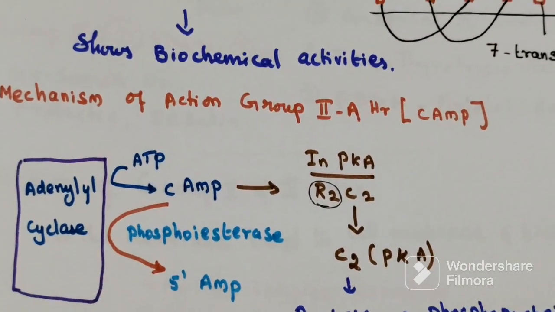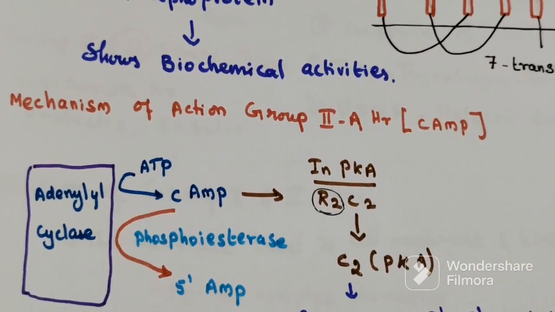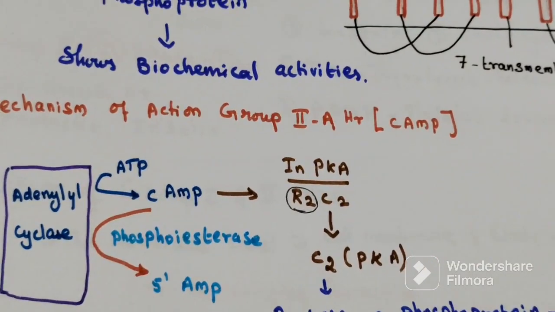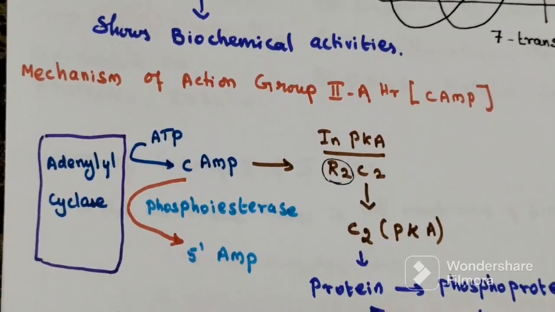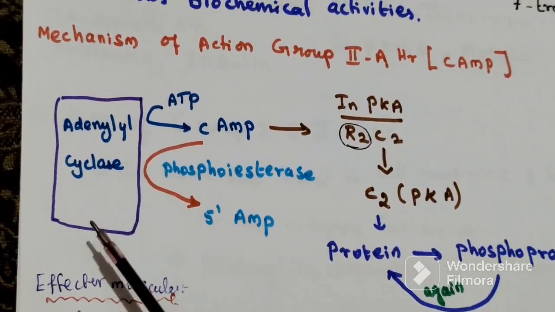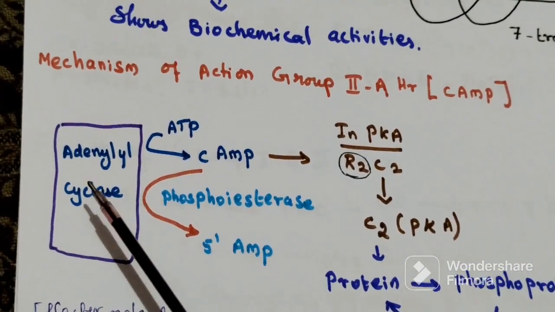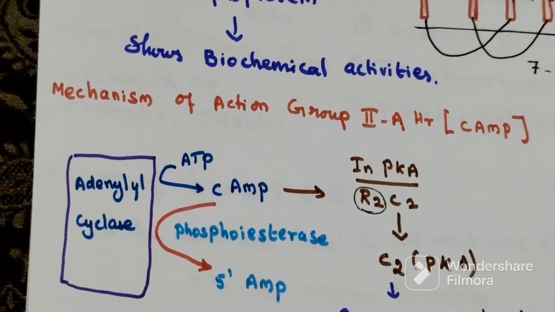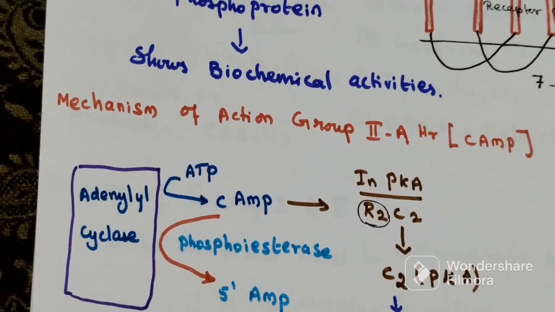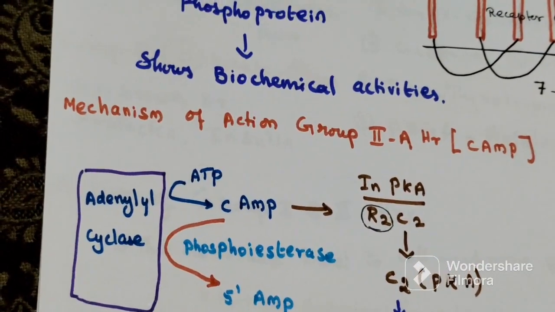Now coming to the mechanism of action of group 2A hormones. Group 2A hormones act through cyclic adenosine monophosphate. This is the plasma membrane, and this is the protein adenylyl cyclase. It is an effector which is activated by the G protein.